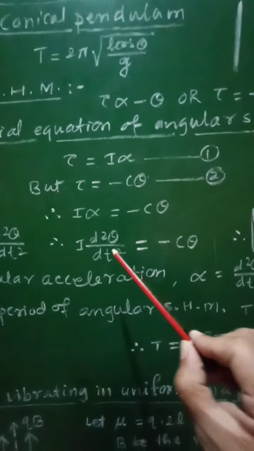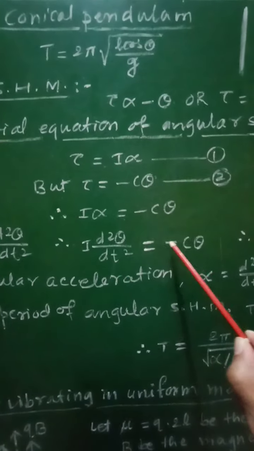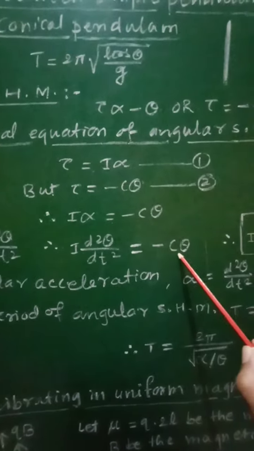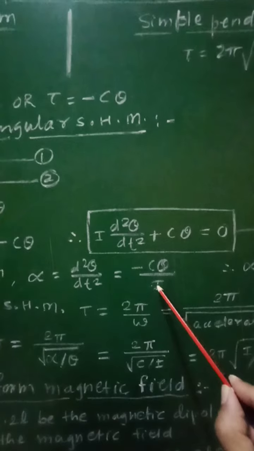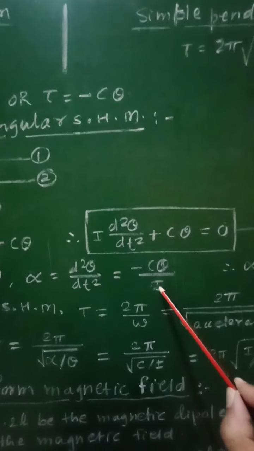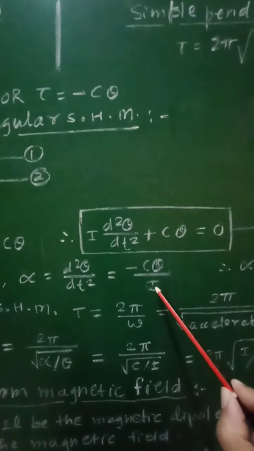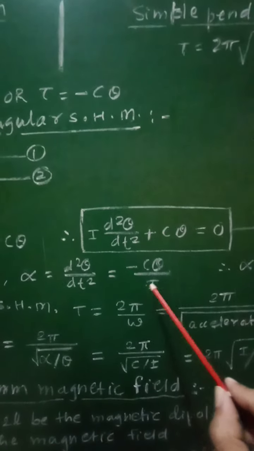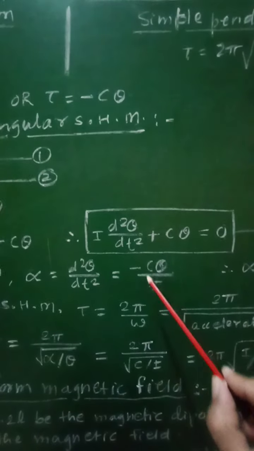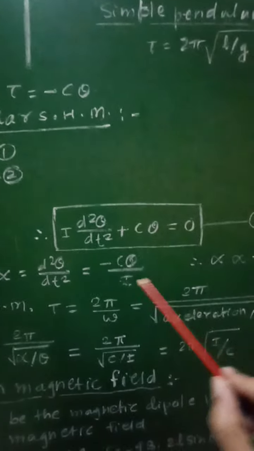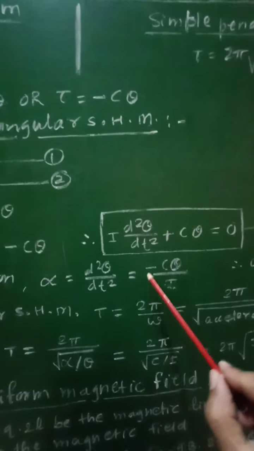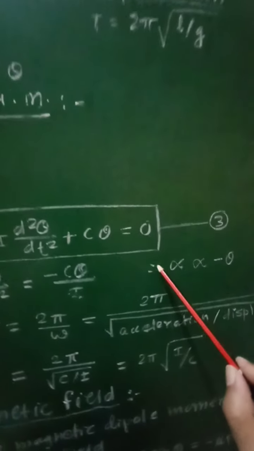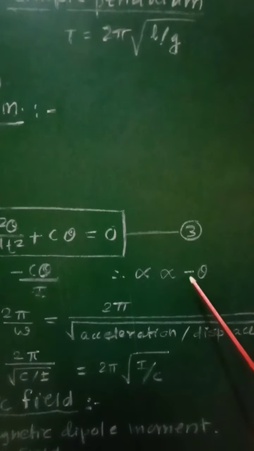From this equation, d²θ/dt² = −cθ/I. Here, c is the constant of proportionality and I is the moment of inertia of that body about a fixed axis of rotation, so both c and I are constant, and therefore we can write d²θ/dt², or α, is proportional to −θ.